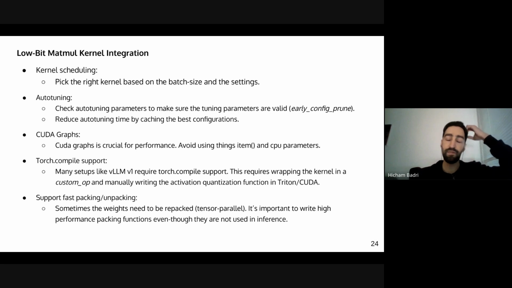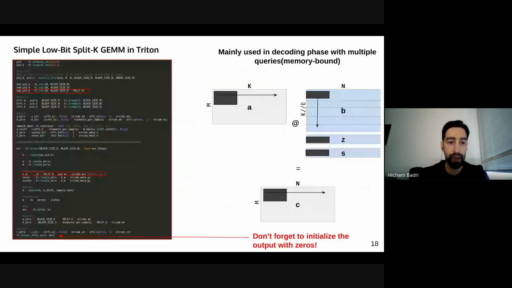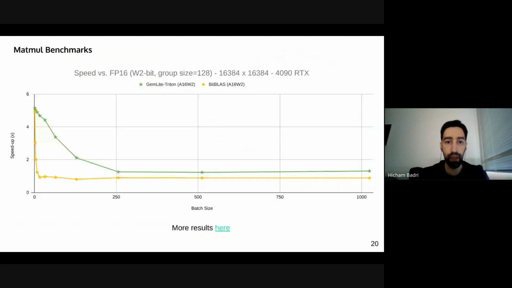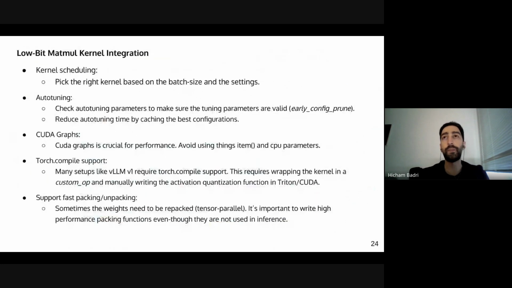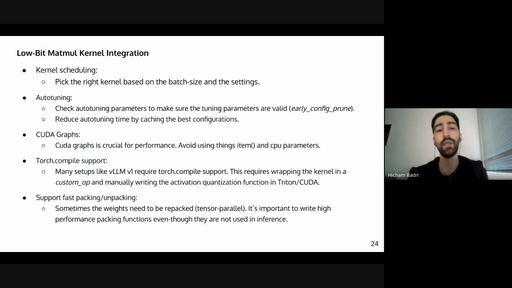CUDA graphs are very, very important, especially for kernels that use this atomic addition, so especially split-K and GEMV, because you need to initialize your output by zeros, and that introduces another overhead. Usually what happens is you run end-to-end inference with these kernels and you're disappointed. You wonder, why is it slow?